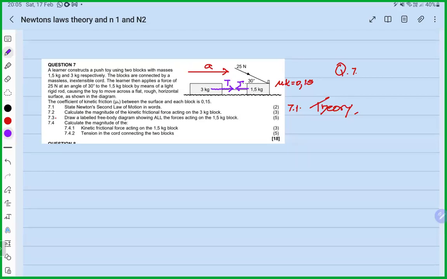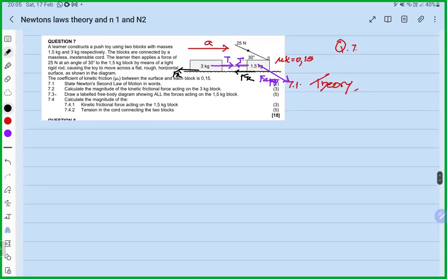The other thing I want to emphasize is the direction of the applied force. The applied force is actually applied down at an angle like this, which means I'm going to break that applied force up into components when I draw my free body diagram. There's a kinetic frictional force acting on both of them, which means it would be opposing the motion. So there's the kinetic frictional force on the 3 kilogram, and there's the kinetic frictional force on the 1.5 kilogram.